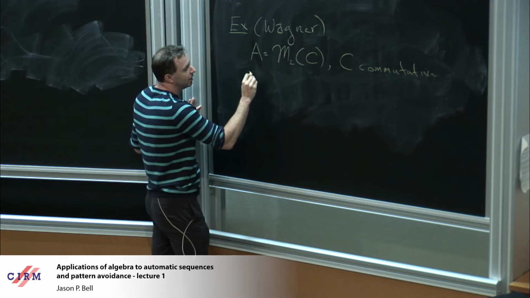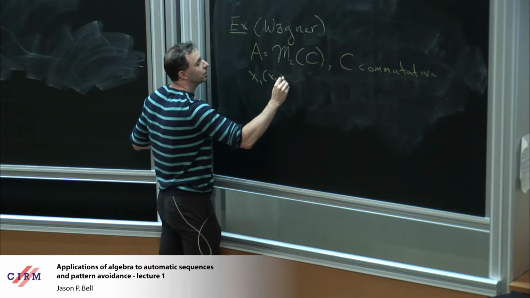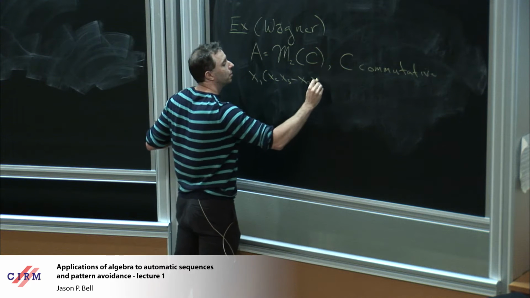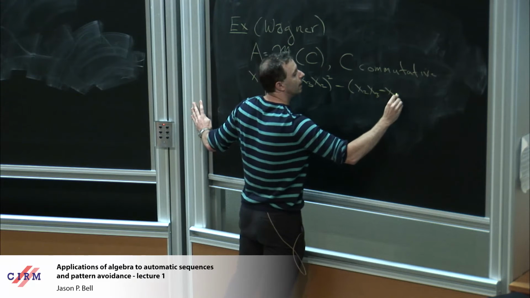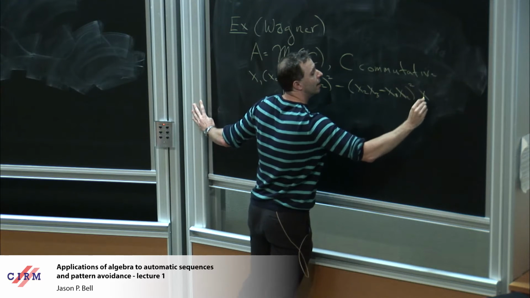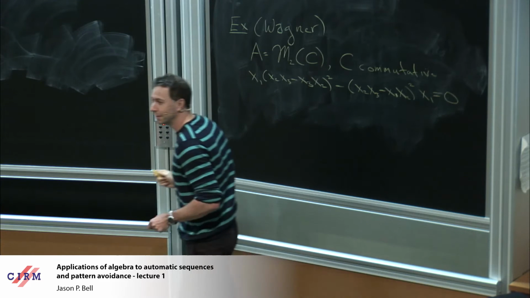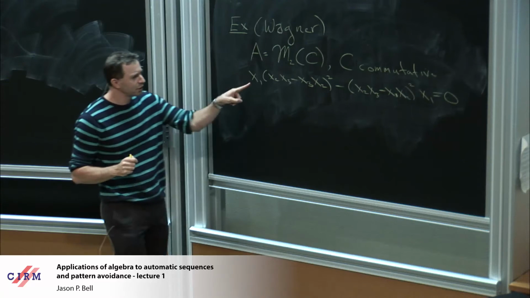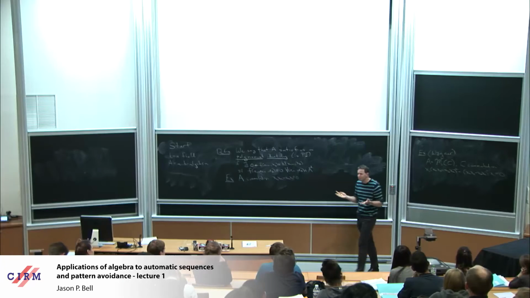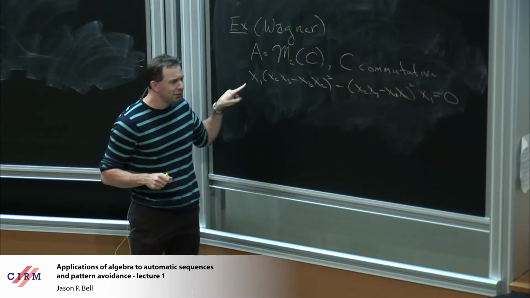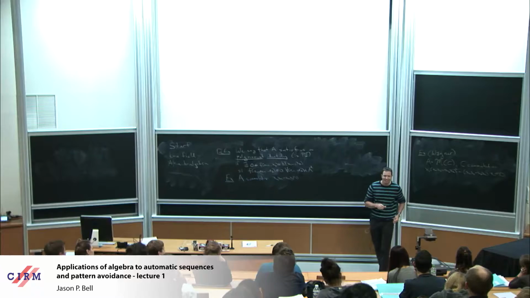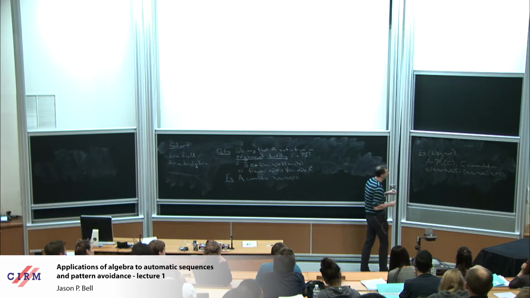And it satisfies the identity (x1x2 - x2x1)^2 x3 - x3 (x1x2 - x2x1)^2 = 0. You can give this question to your students, and they'll just plug in a, b, c, d, e, f, g, h, and just compute, and you can do it this way.